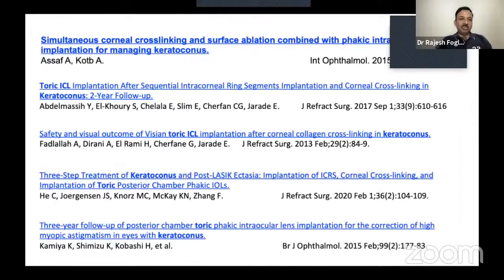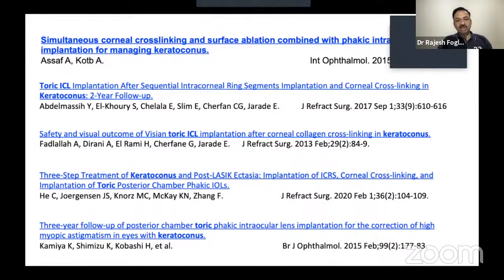But if you look at the published literature, you will find numerous articles which talk about successful outcomes using phakic intraocular lens implantation, either in combination with cross-linking sequentially, or with topography-guided surface ablation, or by placing intracorneal ring segments.